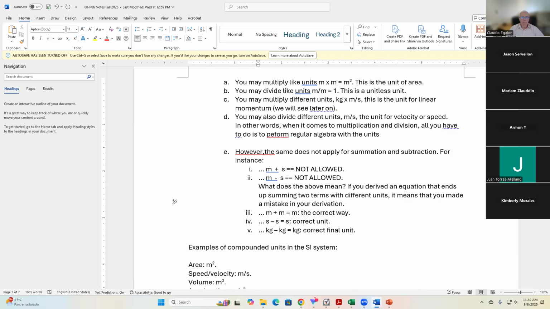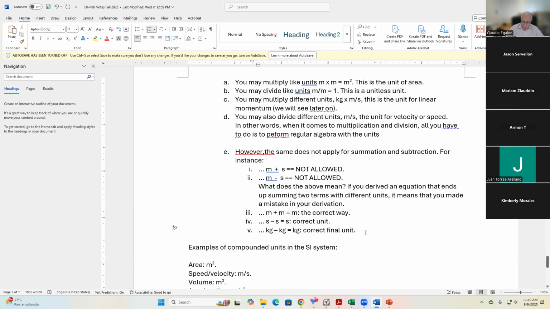Okay? But you can sum and subtract units that are the same. But again, you do not write that down as 2 meters. No, you don't write that. You repeat the unit itself. Okay? You get the same.